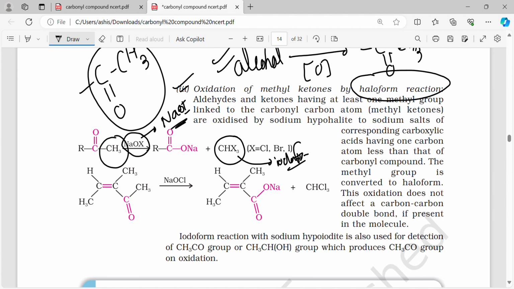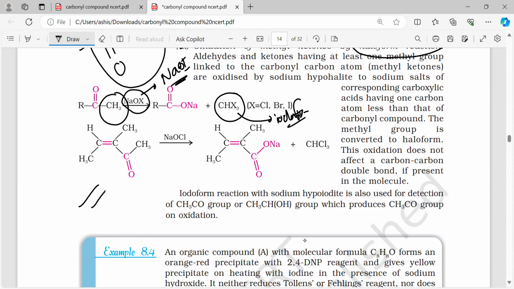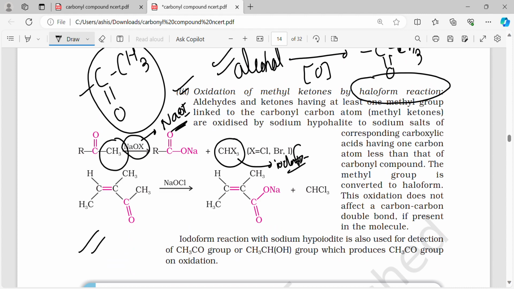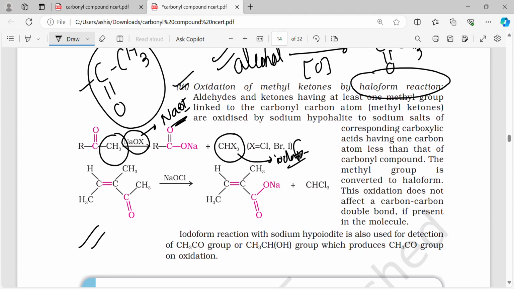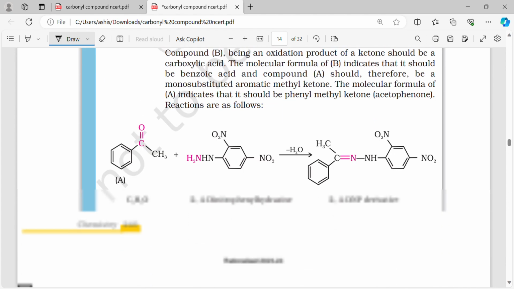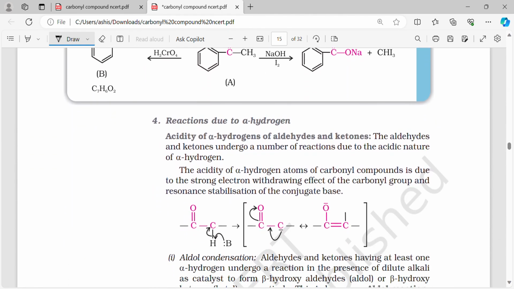In the haloform reaction this CH3 group gets converted into haloform. If we are using NaOI, then we will get iodoform, and a yellow precipitate of iodoform will form, and we can identify the ketomethyl group. So we can say the haloform reaction can be given by those aldehydes or ketones which have a ketomethyl group, or those alcohols which after oxidation can give a ketomethyl group.